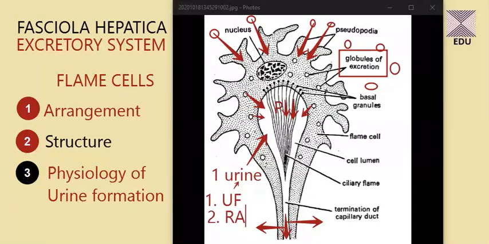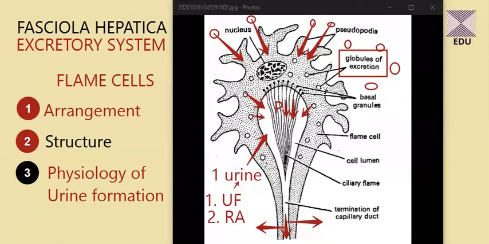This occurs in the capillary of the flame cell, and good products are taken back, they are reabsorbed, and after the reabsorption, what is made is the final urine.